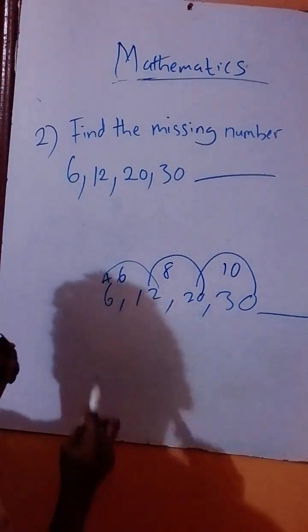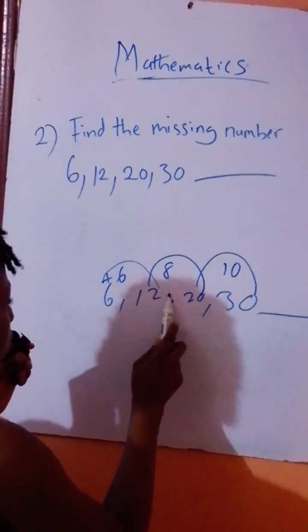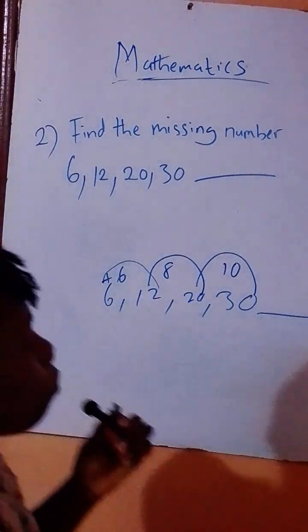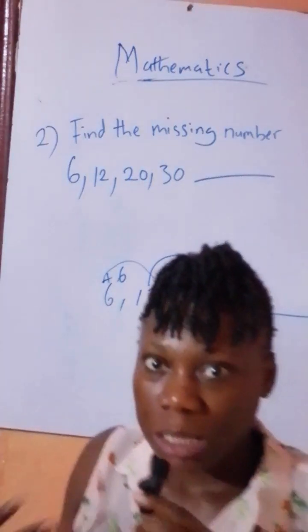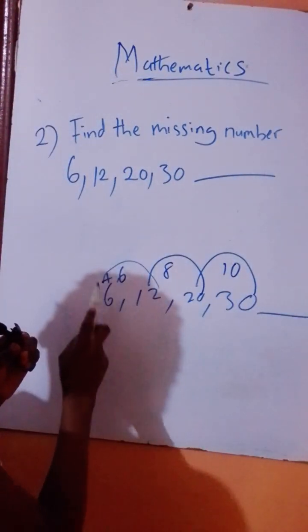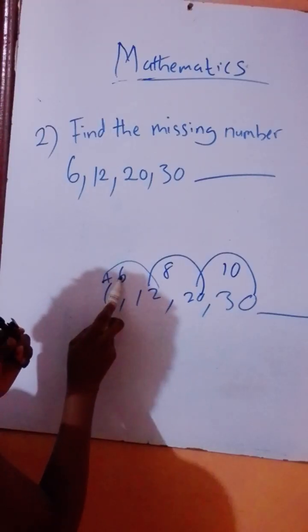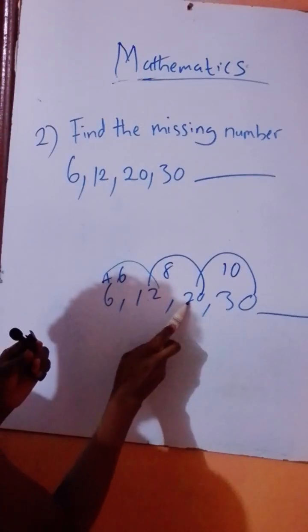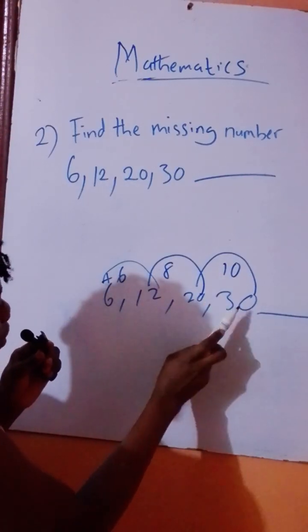That means the differences between each of these numbers is increasing by 2. If we add this, 6 plus 6 gives us 12. 12 plus 8 will give us 20. 20 plus 10 will give us 30.